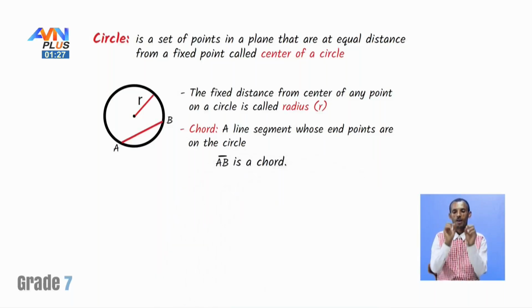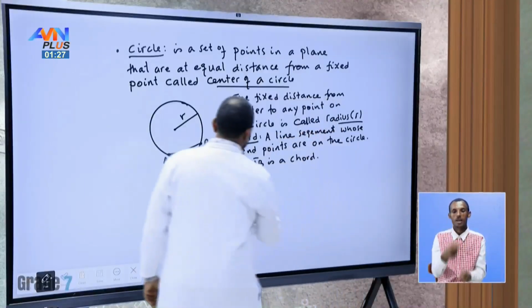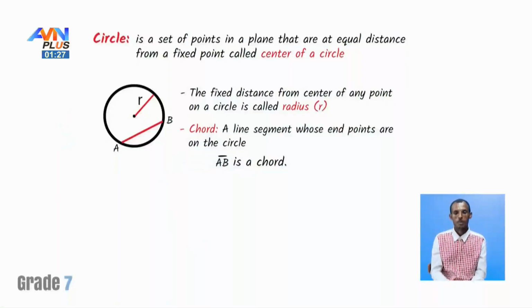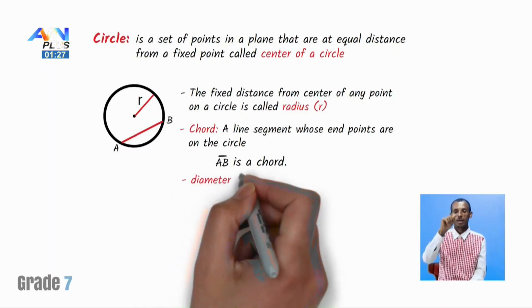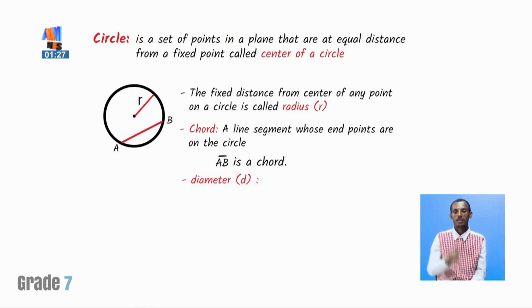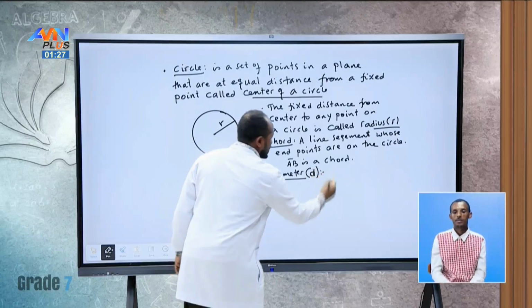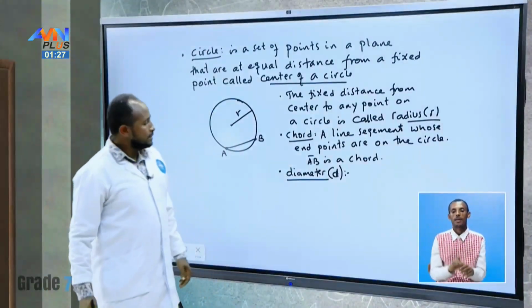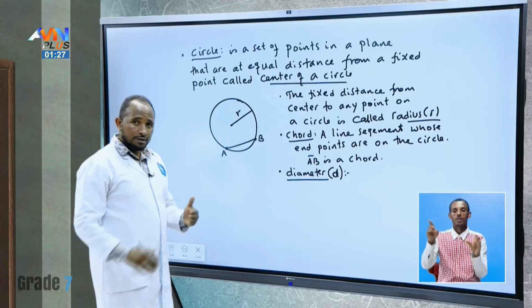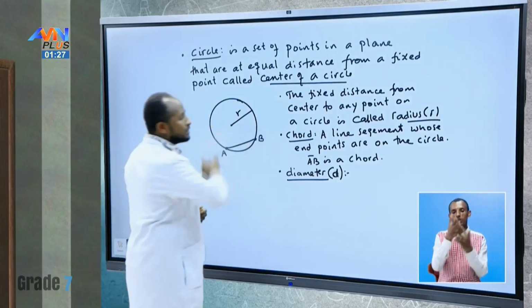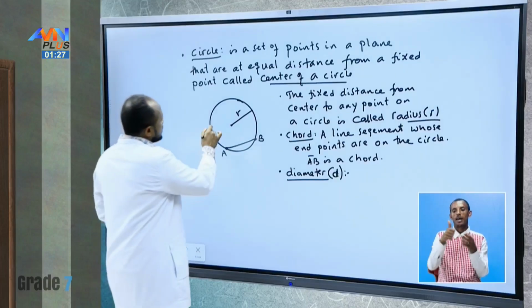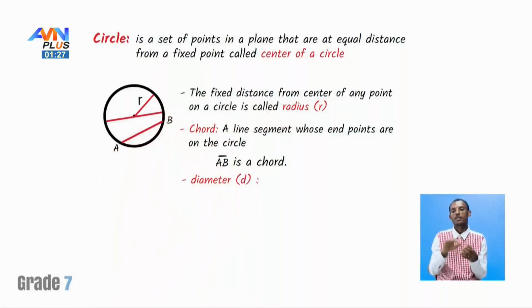Okay, now let's see another terminology, diameter. Diameter of circle. We use symbol small d for diameter. What's diameter? Here, diameter is a chord that passes through the center of the circle. A chord that passes through the center of the circle, we call this a diameter.